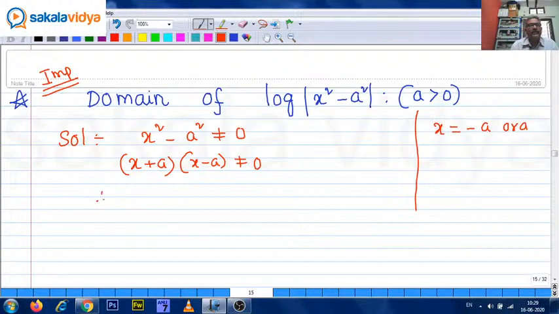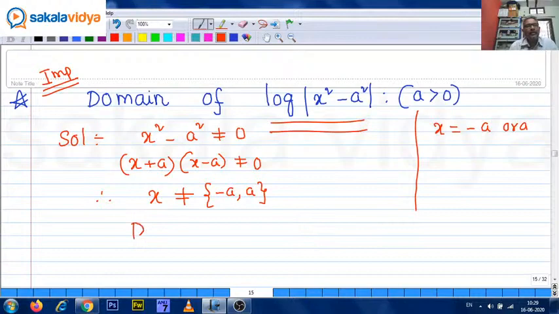Therefore x does not equal minus a, a. Except these two values, it accepts any value. That means domain equals set of real numbers minus {minus a, a}. It's not a simple bracket, it's a modulus, you remember always.